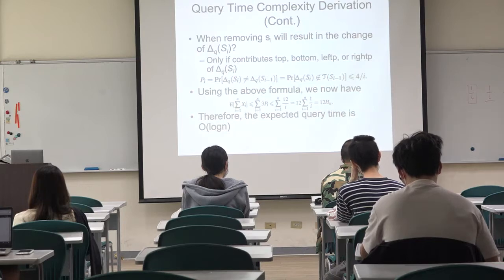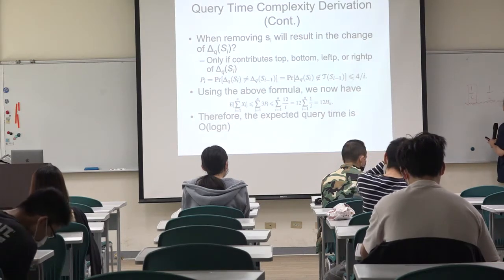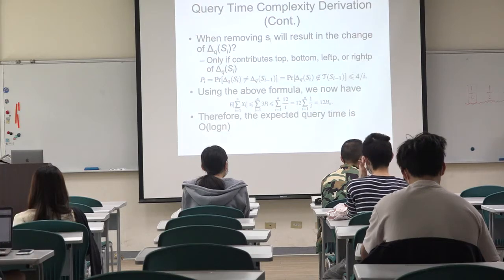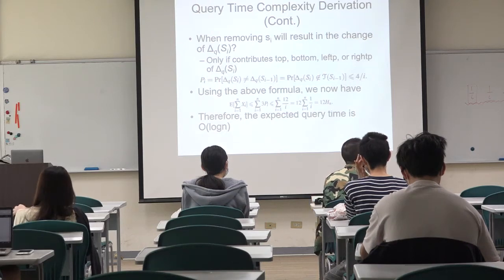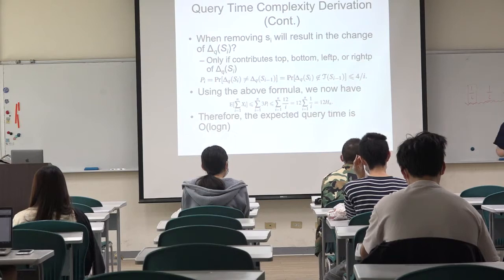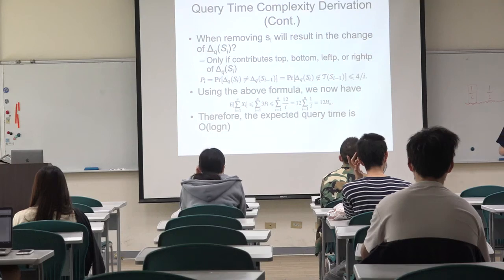So the total probability for removing Si, the i-th segment, to affect the trapezoid that contains Q: because these 4 cases are disjoint, we just add them up.